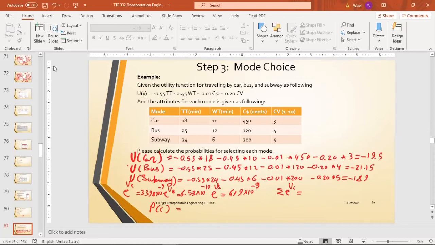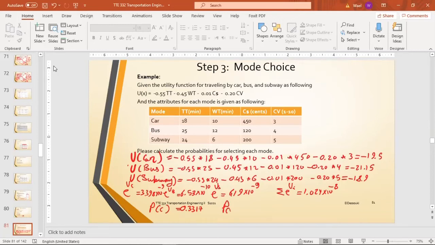So this is basically 1.024 multiply 10 to the power minus 8. So 3.398 e to the power minus 9 divided by that will be 0.3317.